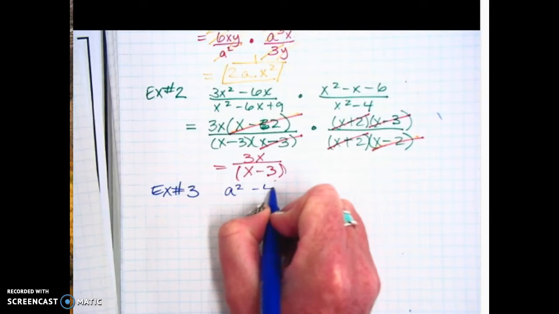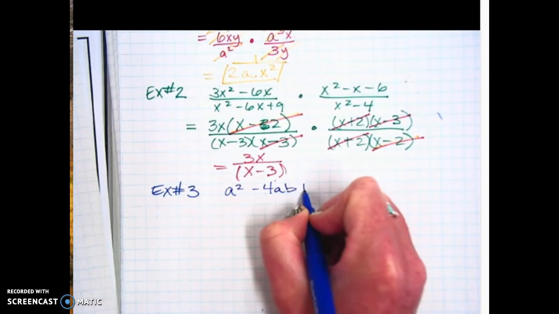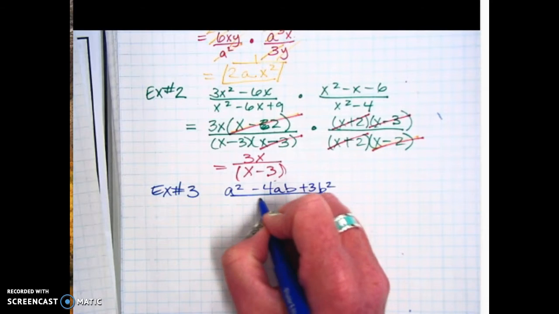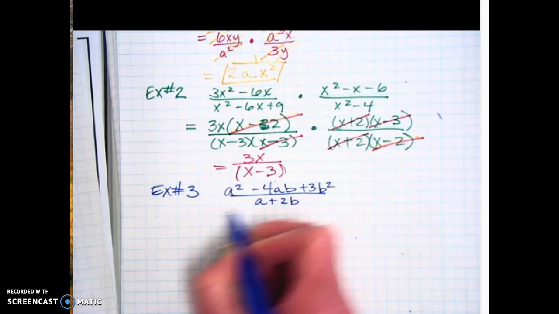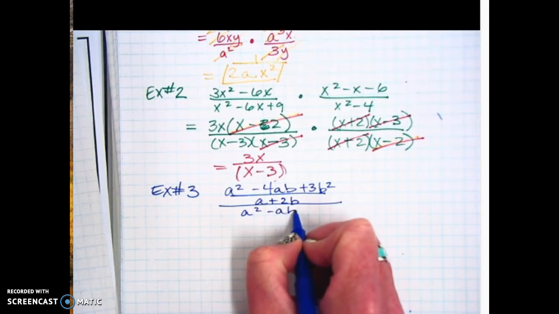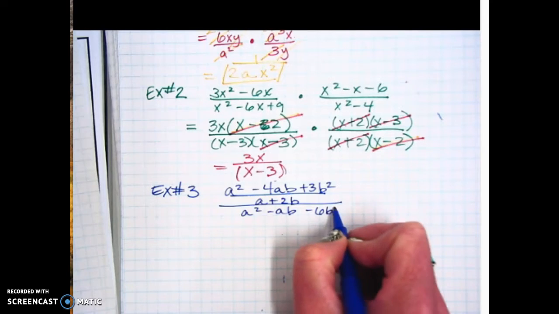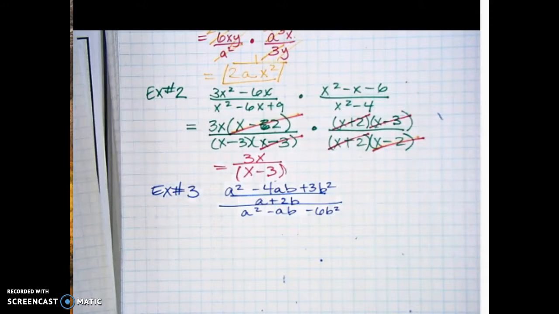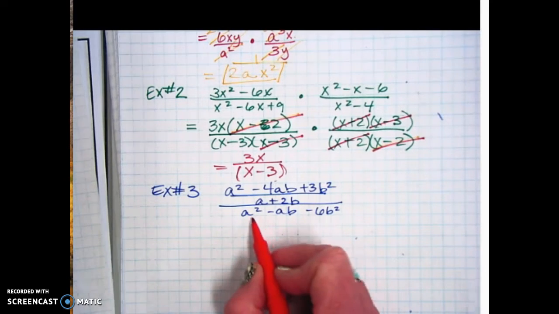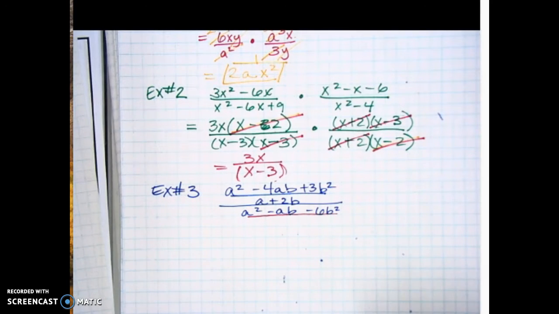A squared minus 4ab plus 3b squared over a plus 2b divided by a squared minus ab minus 6b squared. We've got a fraction within a fraction. And sometimes you'll even see a second denominator. I'm going to actually just write one. I'm going to write a denominator of 1.